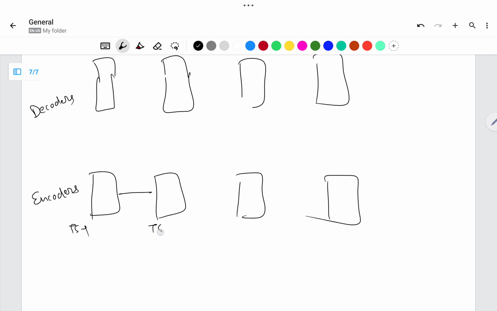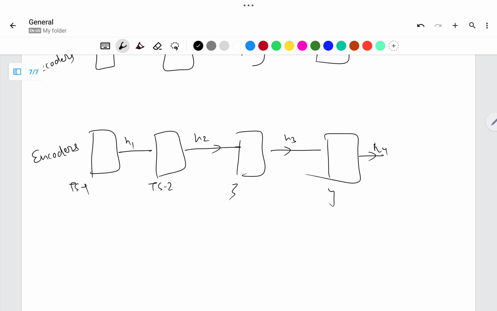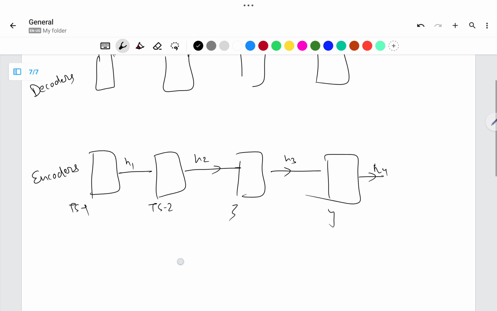So this was the first time step, second, third, fourth, H1, H2, H3, H4. So these are the outputs of our LSTM blocks in the encoders at every time step.